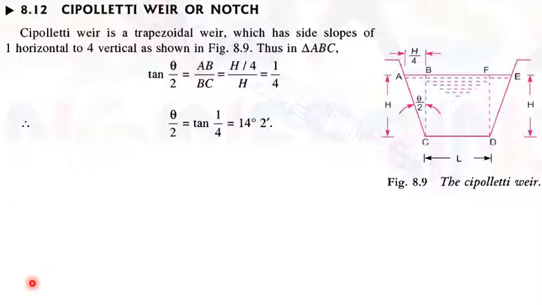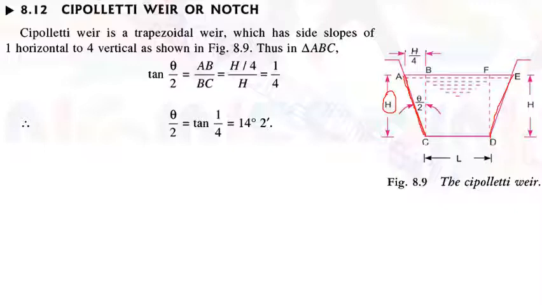So here the horizontal distance of the slope is AB, that is h by 4, and the vertical distance BC is h. So 1 horizontal to 4 vertical.